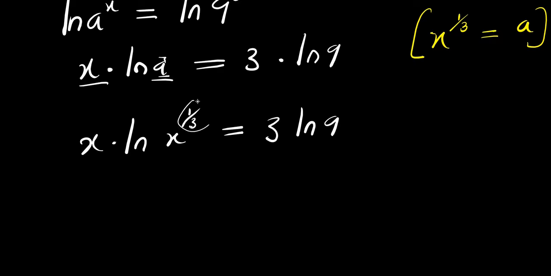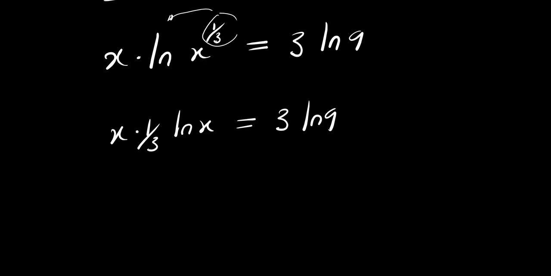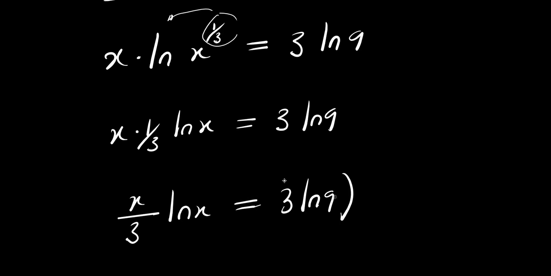Remember, this 1 over 3 comes behind this again. I have x times 1 over 3 times natural log of x equals 3 times natural log of 9. So we can decide to multiply each part of this equation by 3. So we have x over 3 times natural log of x equals 3 times natural log of 9.